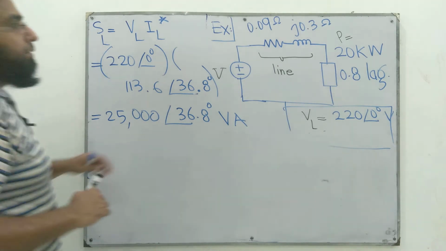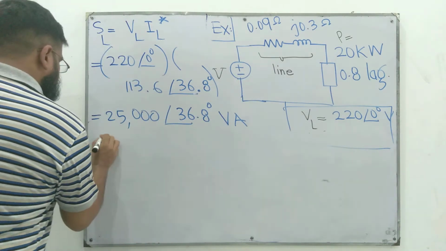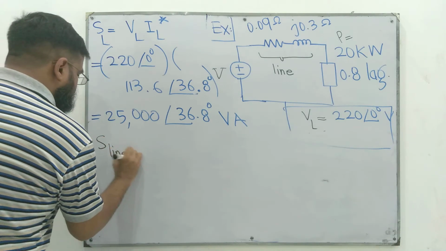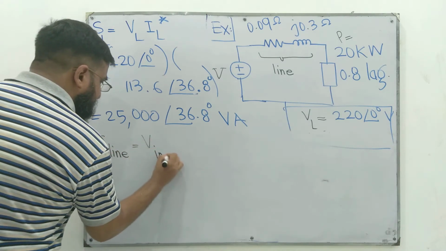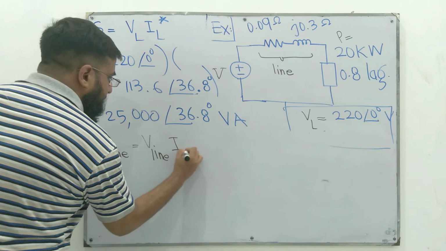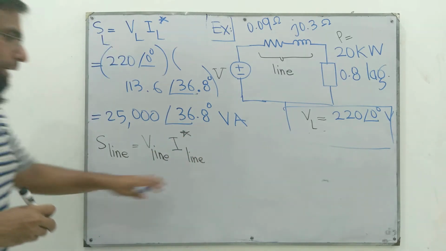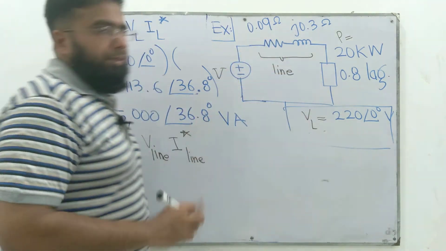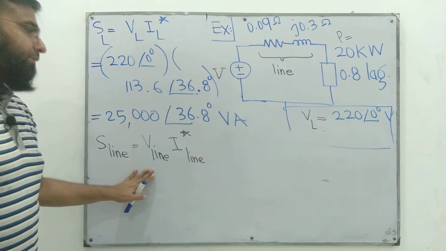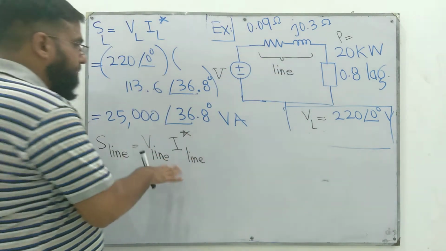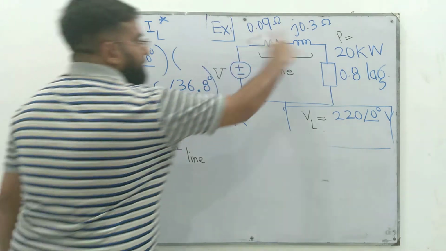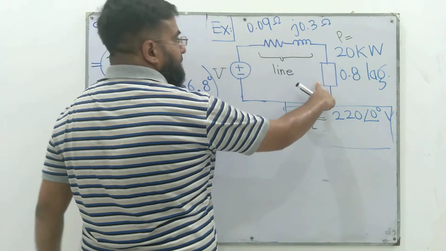To find S line, we must know V line and multiply it with the complex conjugate of I line, as per the formula, and I line is the same as IL because it is a series circuit. We have to compute the value of V line because we know the current IL flowing, the same current.